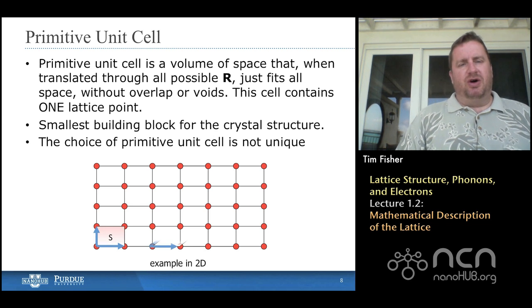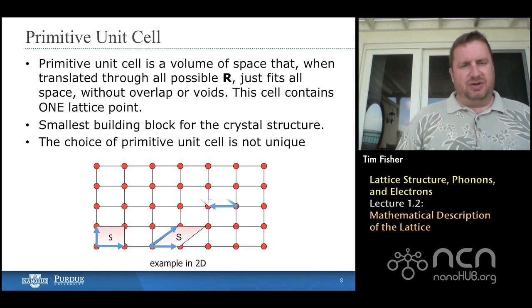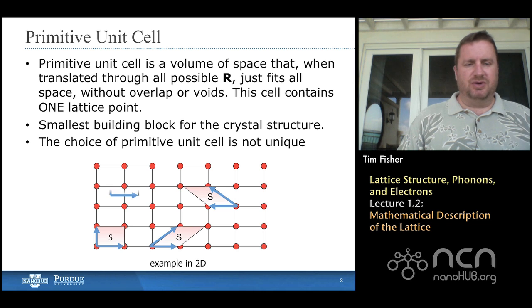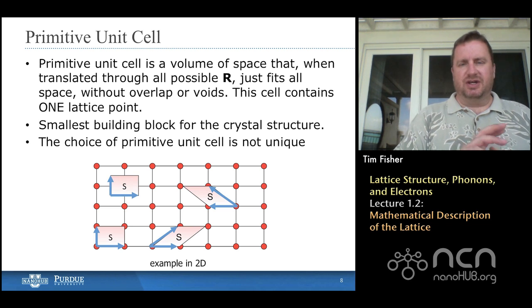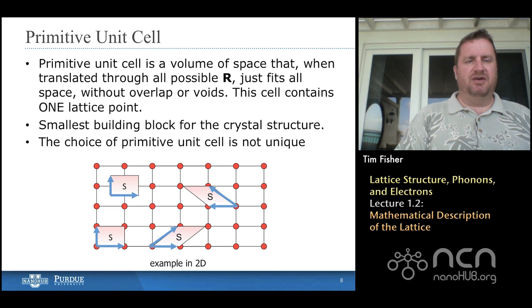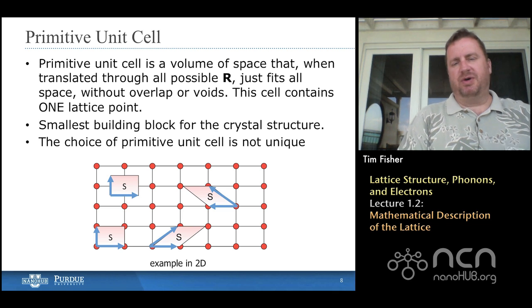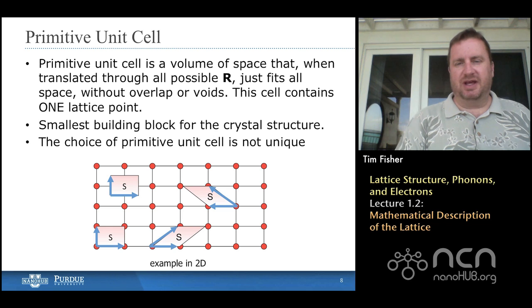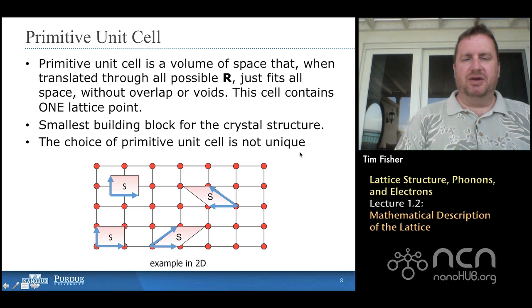Now, if I look at all of this three-dimensional space, what we'd like to do is to say that there's just a small bit of space that looks like every other bit of space if we just translate it through all the possible R vectors that we showed on the last slide. And we can do that in a number of different ways.